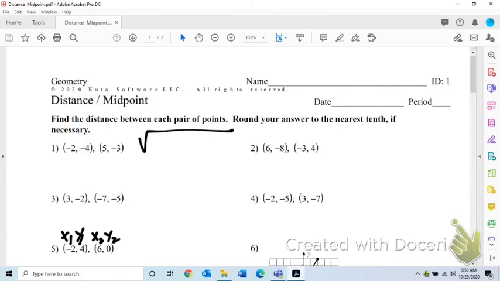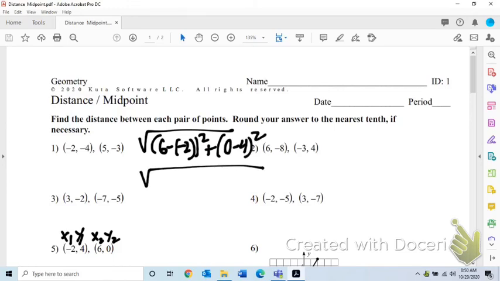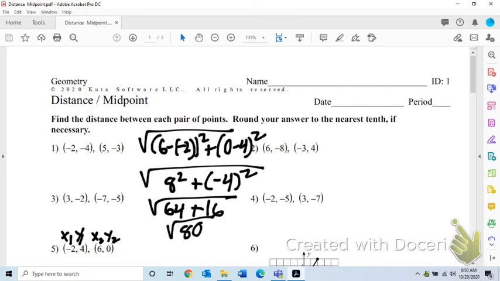We have the square root of x2 minus x1, 6 minus a negative 2 squared, plus y2 minus y1, 0 minus 4 squared. 6 minus a negative 2 is 8 squared, plus negative 4 squared. That gives us 64 plus 16, or the square root of 80, which when rounded to the nearest tenth is 8.9.